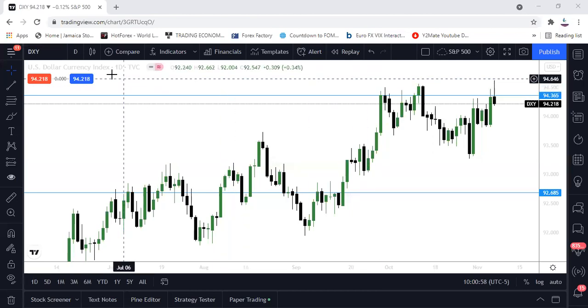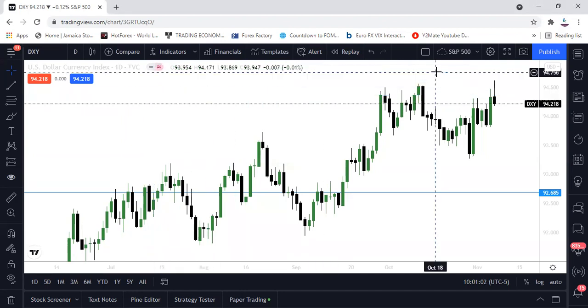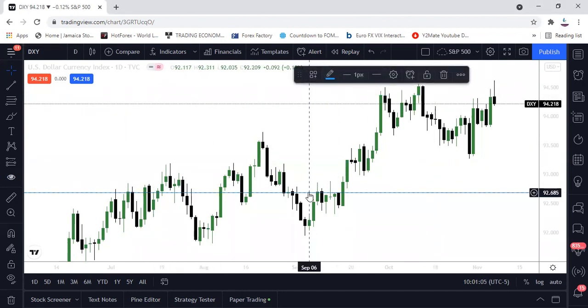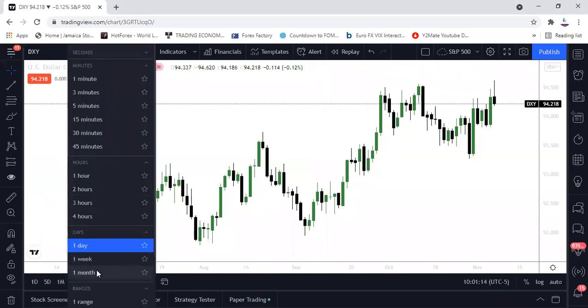All right, so let's start. I'll take these lines off. If you see me doing anything that can be done quicker, just tell me how. TradingView is not my strong point again. So let's start on a monthly chart.